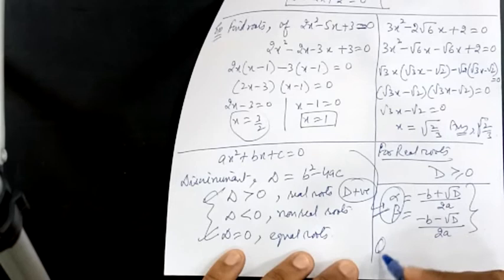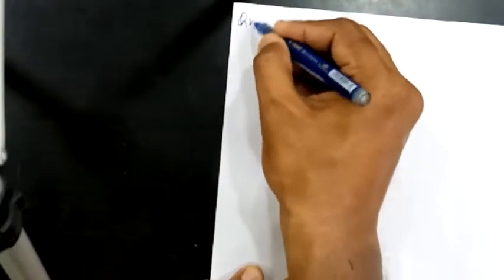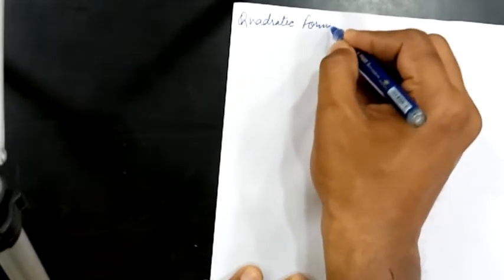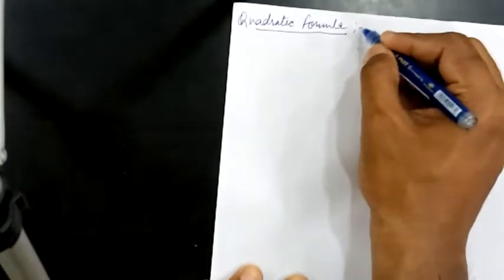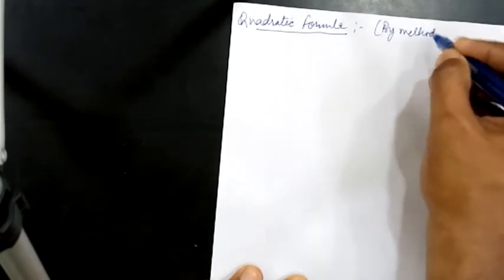How do you get this quadratic formula? We will try to solve it out. Just see how you get the quadratic formula. To derive it, we will solve it by the method of completing squares.